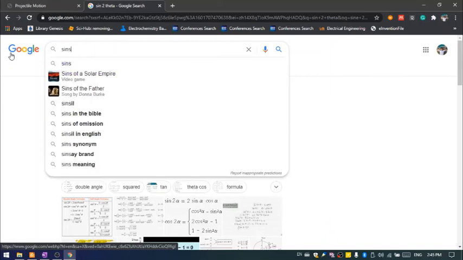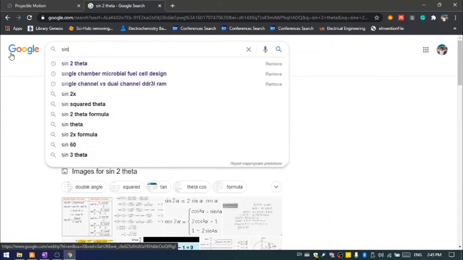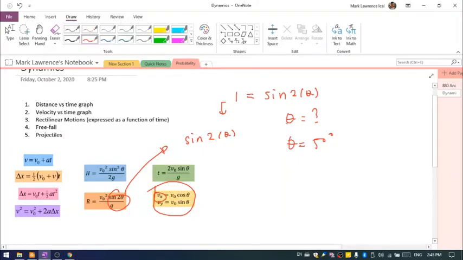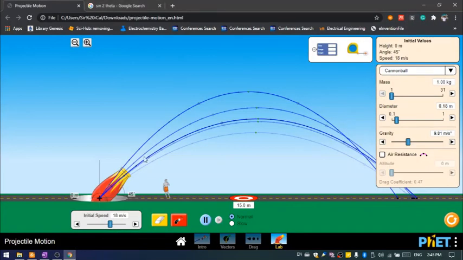Okay, sorry. Let's try sine 2 times 45 degrees. So 1, diba? So why can't we hit 100? So why is it 45? Why can't we do 50? Alright, we do 50.